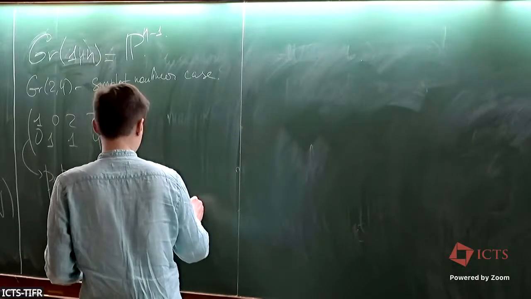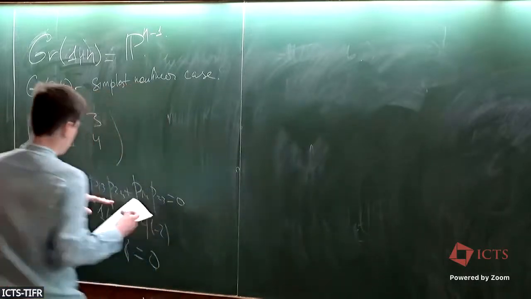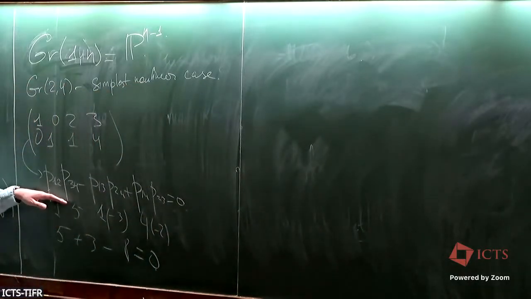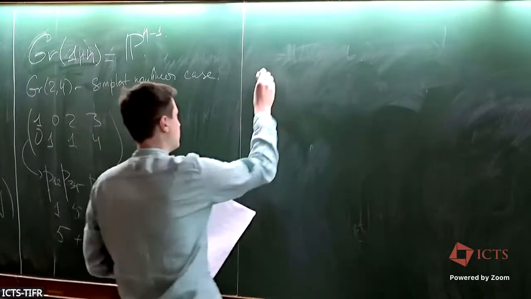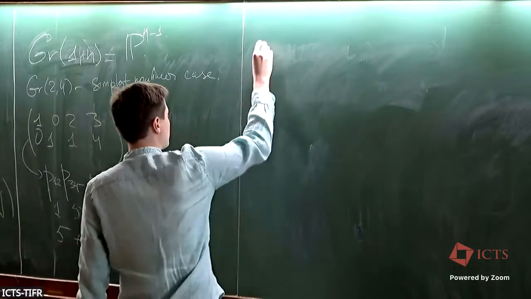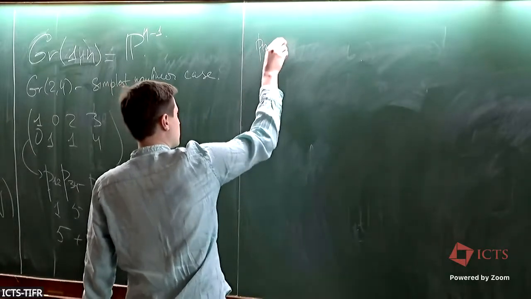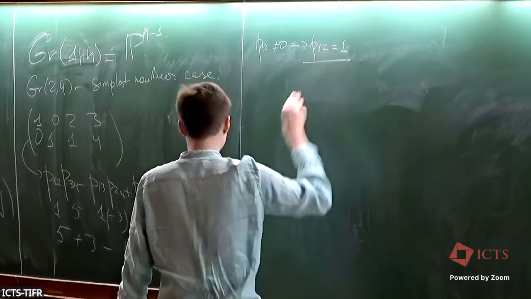So how do we understand this? First of all, those coordinates are projective coordinates, homogeneous coordinates. They're defined up to a common scalar, and one of them has to be non-zero. So let's do an example where P12 is non-zero. So we can think that P12 is 1, and this fixes our scaling.